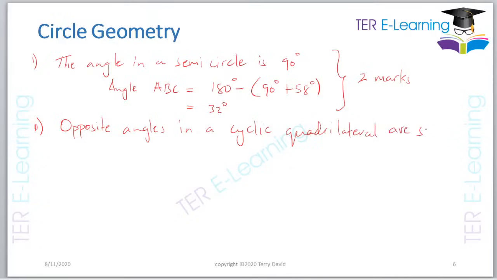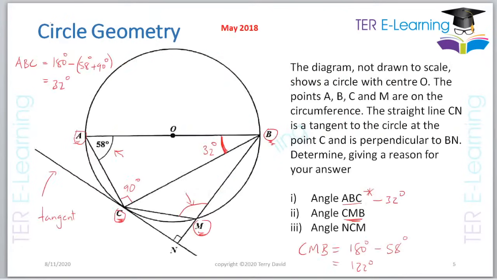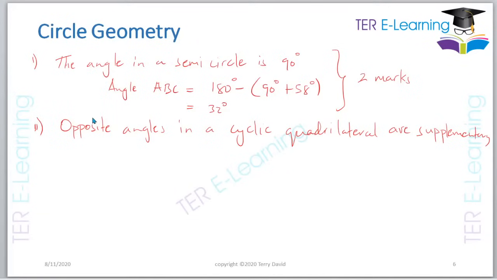You need to say that somewhere in your answer. And therefore angle CMB is 180 degrees minus 58 degrees, which is equal to 122 degrees, right? So this is how you write your answer to get your marks.